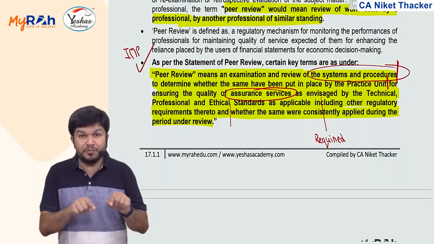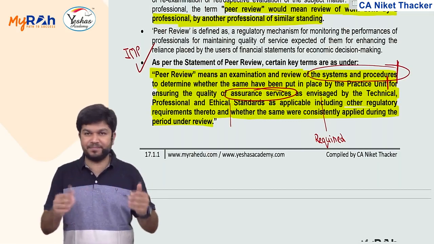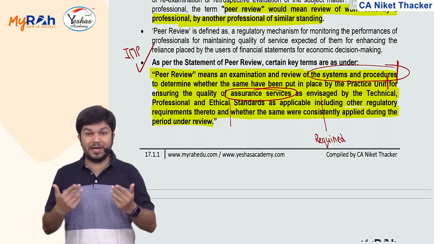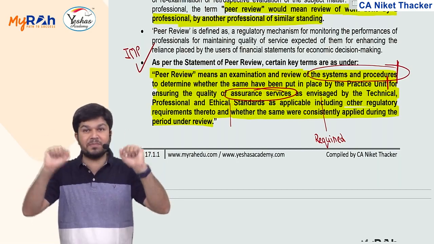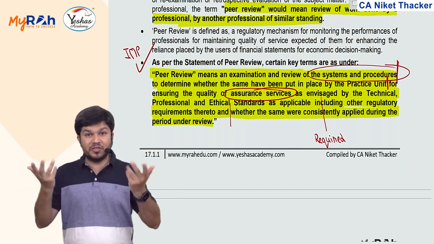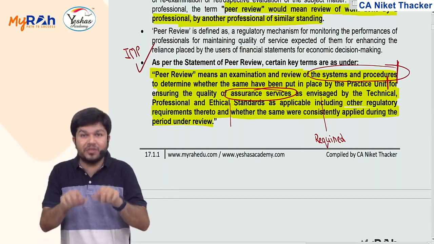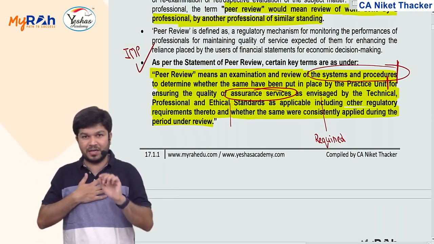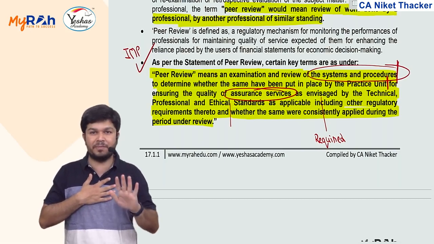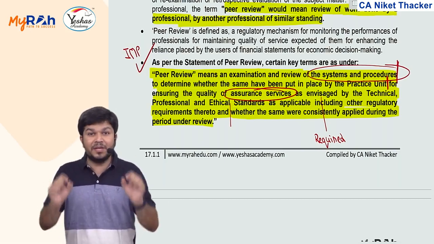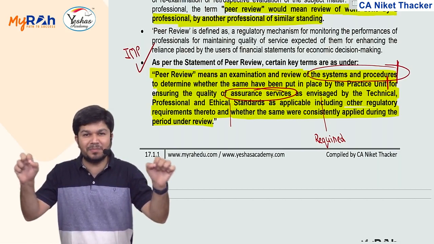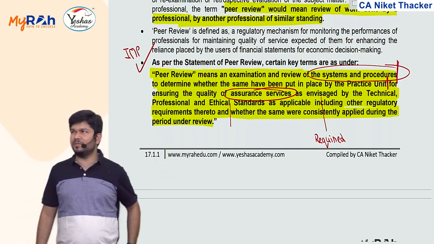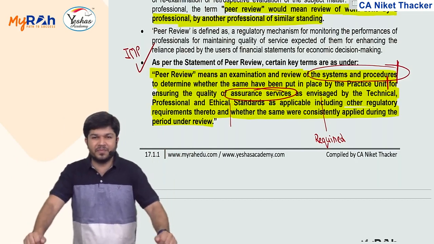Okay, peer review means examination and review of systems and procedures to determine whether they've been put in place by the PU for ensuring the quality of assurance services as required by technical, professional, ethical standards as well as other regulatory requirements, and also to determine whether they have been consistently applied during the period under review. So why did this phrase come, during the period under review?